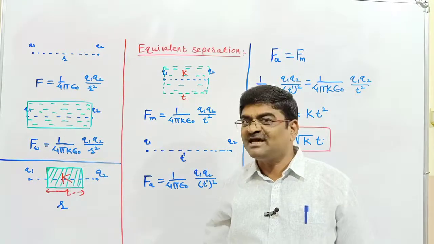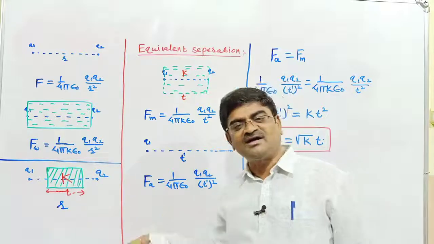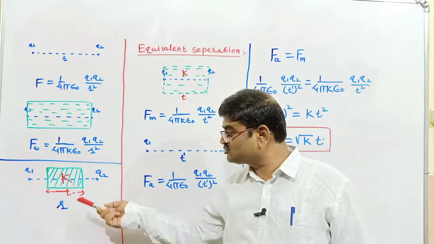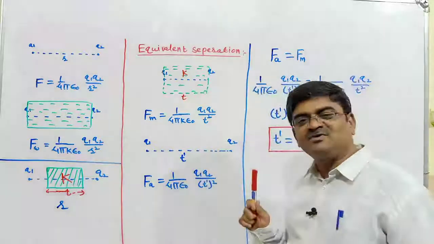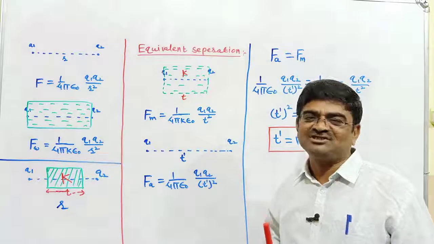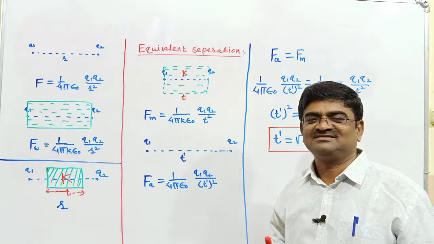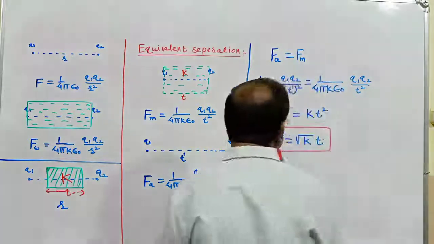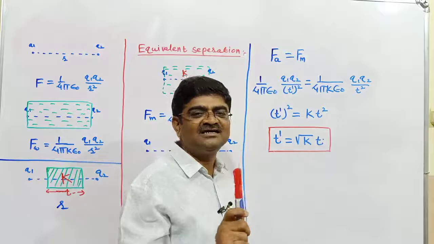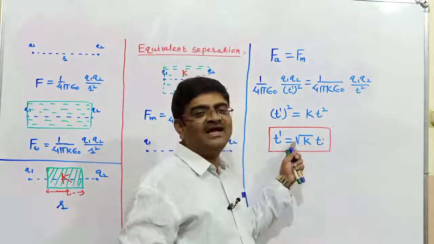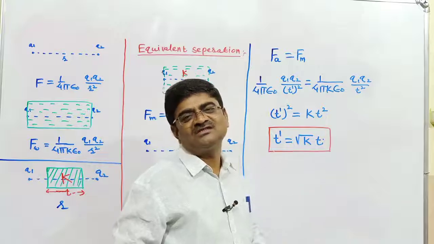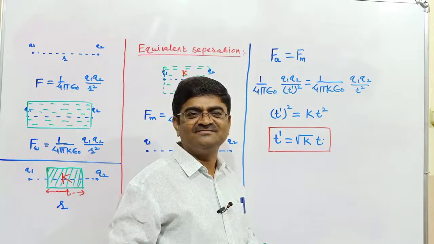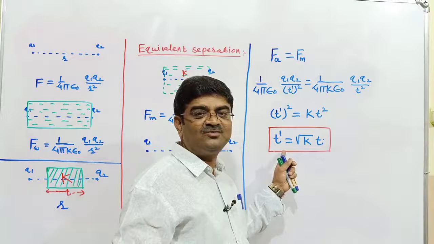But as I have got part as air and part another, like I have shown in the figure, I should be aware of the concept called equivalent separation or equivalent distance. So the equivalent distance I simply get as root of the dielectric constant times the separation between two charges in the given medium. So this is the important thing to be noted.